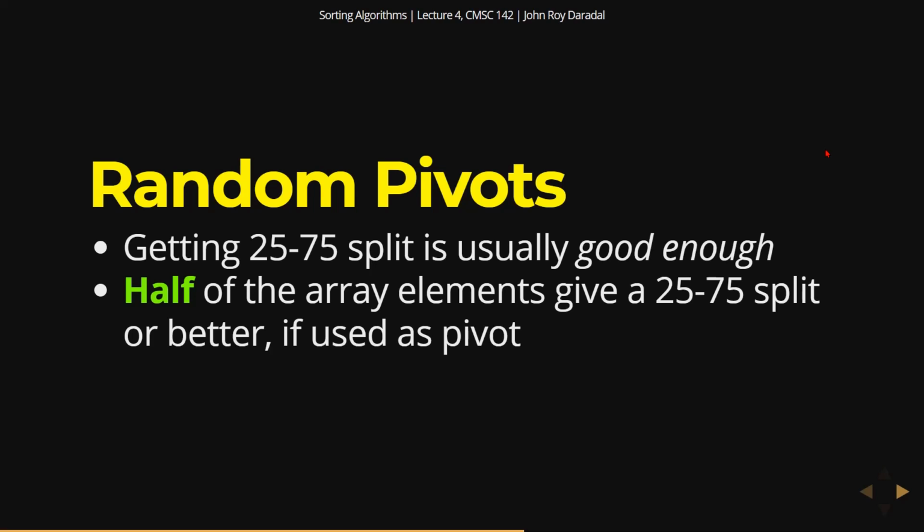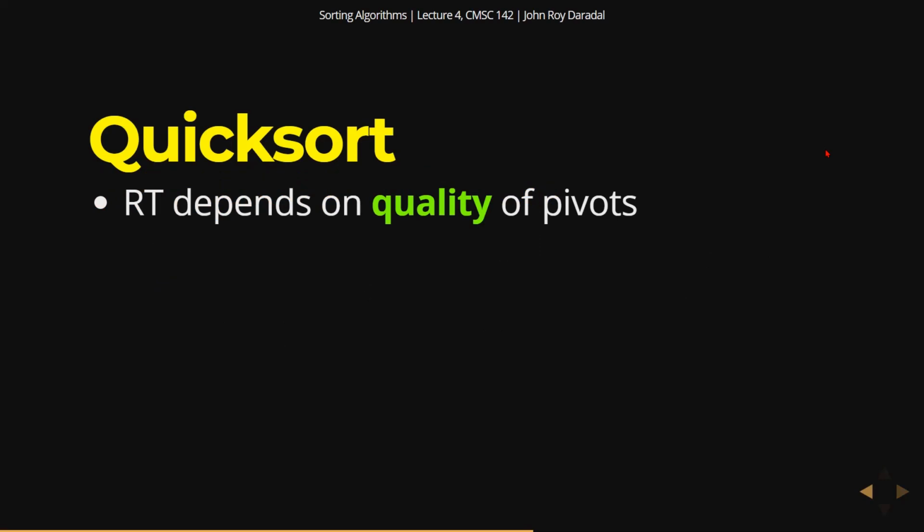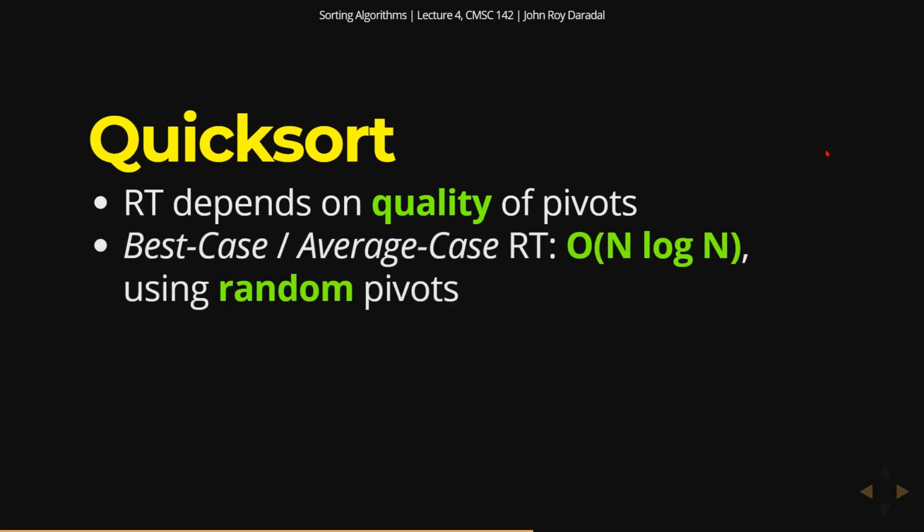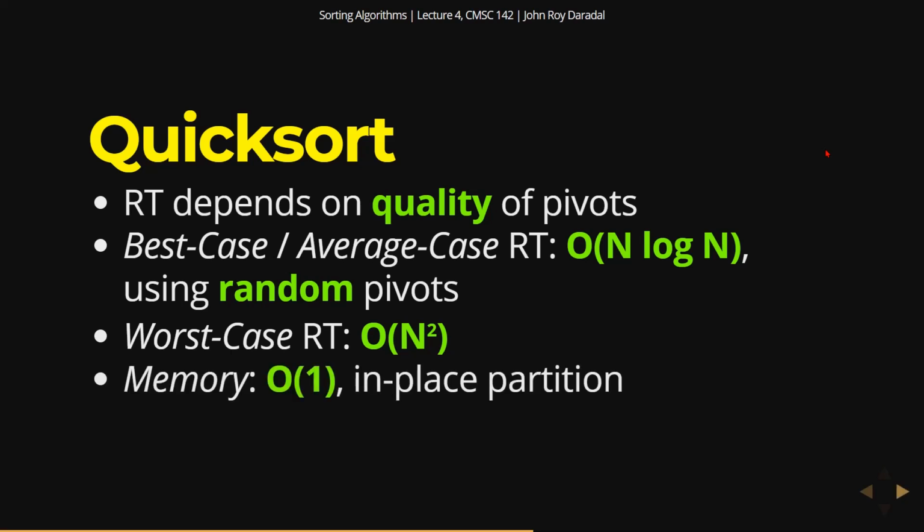That is how we'll choose our pivot in Quicksort. Again, the running time depends on the quality of the pivots. The best and average case is O of n log n if you use random pivots, and the worst case is n squared. That is if we choose a pivot that makes it super imbalanced. And again, the memory is O of 1 if we use in-place partition.